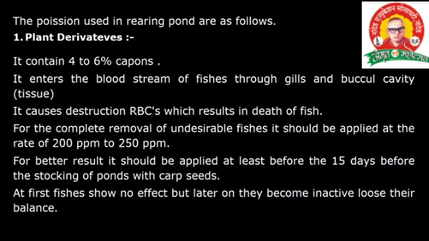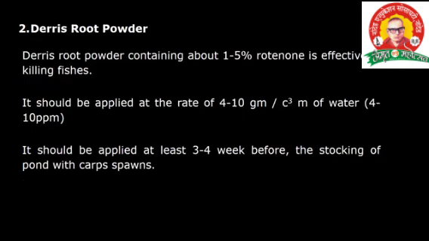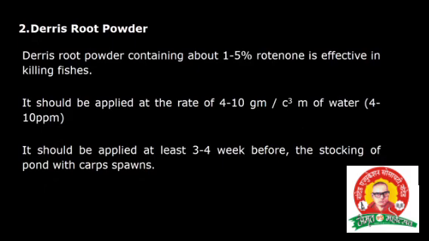Plant derivatives are also one of the contents that remove the weed fishes. That is derris root powder. Root powder containing about 1 to 5% of rotenone is effective to kill the fishes. It should be applied at the rate of 4 to 10 gram per cubic meter of water, that is 4 to 10 ppm. It should be applied at least 3 to 4 weeks before the stocking of the pond with carp spawn.